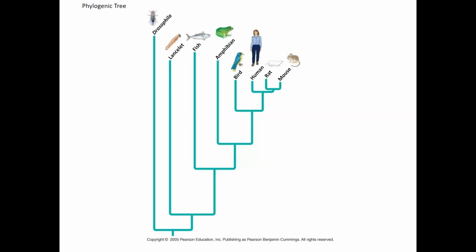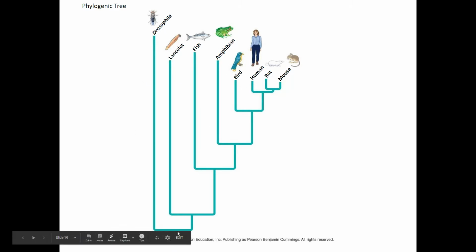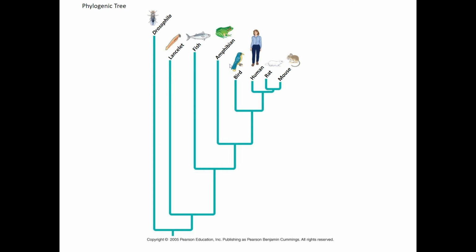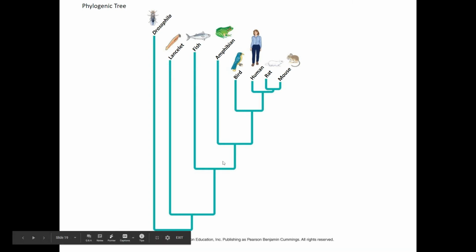Sometimes though, it looks like this, very similar kind of thing. So you have Drosophila, which is a fruit fly, and the fruit fly shares a common ancestor right here with all these other animals, right? And then the lancelet shares a common ancestor with all the other animals as well. And you get the idea.